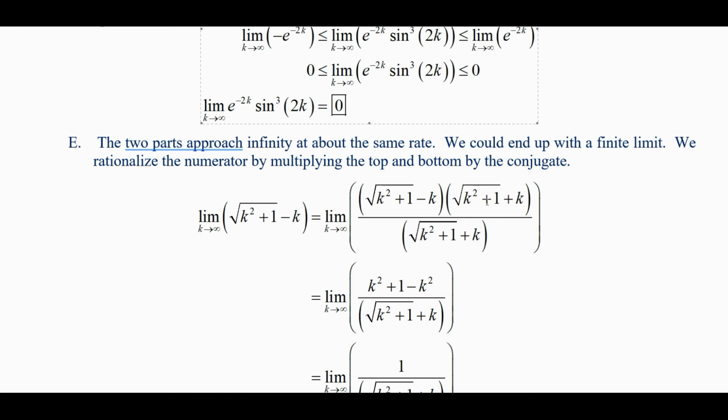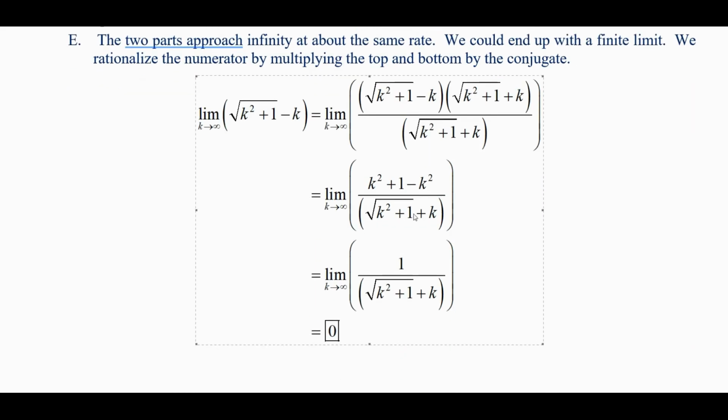This one here, we multiply by this conjugate, and so we get a minus b times a plus b in the top. Of course, we have to multiply the bottom by the same thing to make this equality valid. And then in the top, you get a squared minus b squared. So the square and the square root cancel, leaving you k squared plus 1 minus k squared. And then the k squares cancel, leaving you 1 at the top.